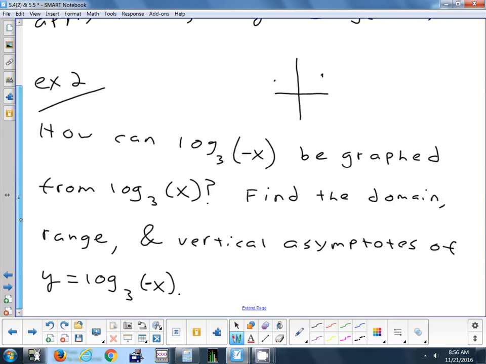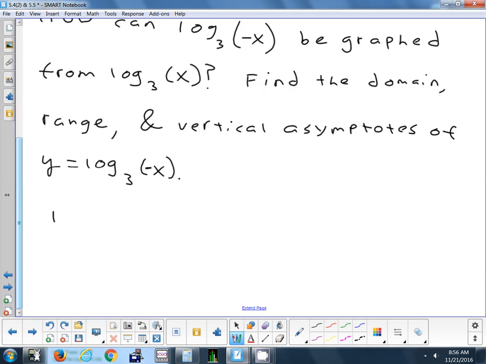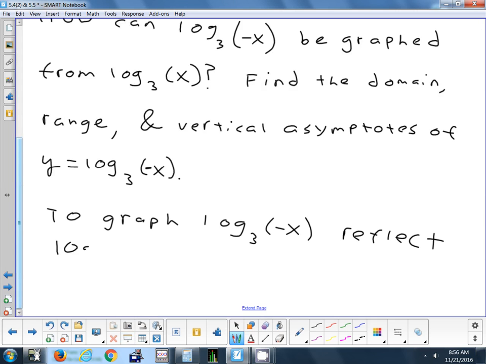Right, so how can that graph be obtained? To graph log base 3 of -x, reflect log base 3 of x over the y-axis.